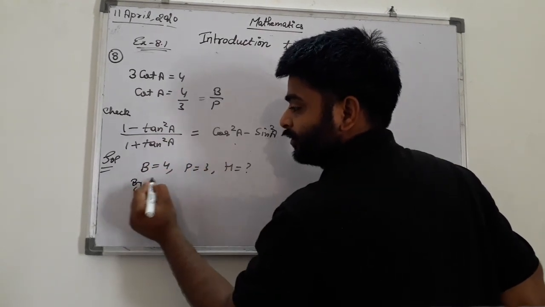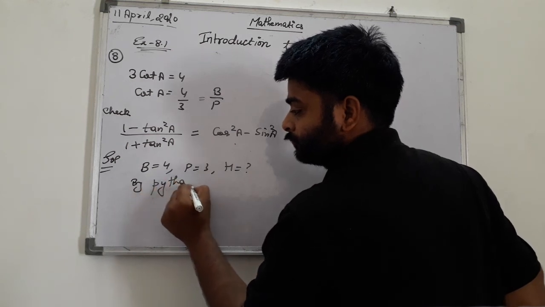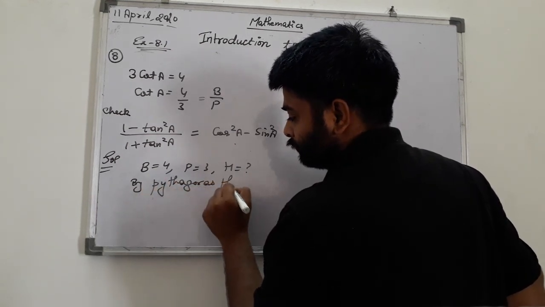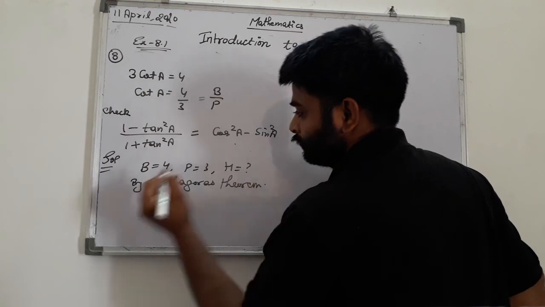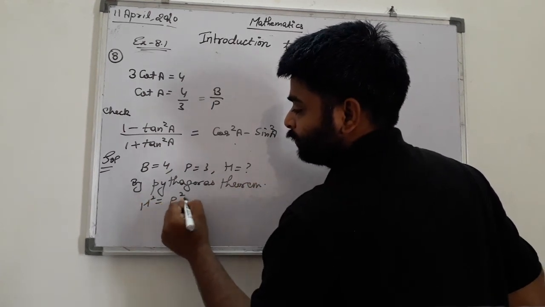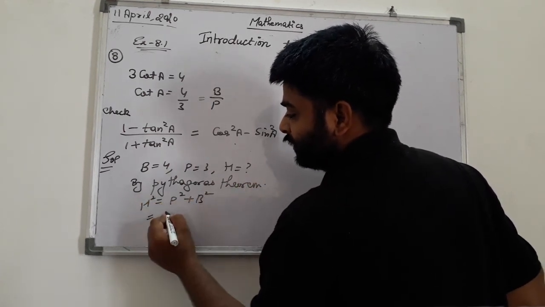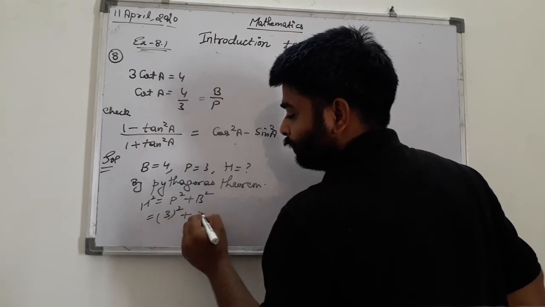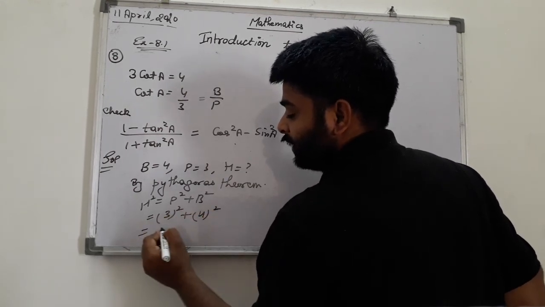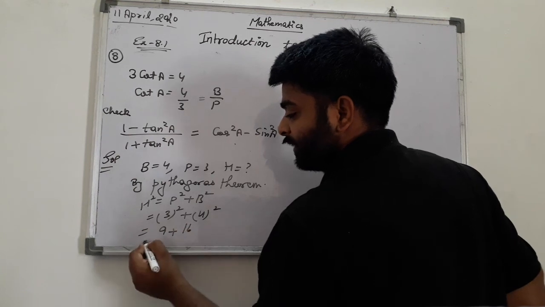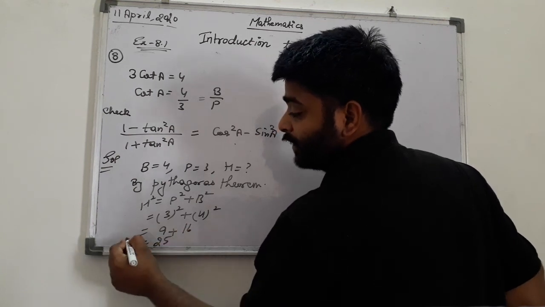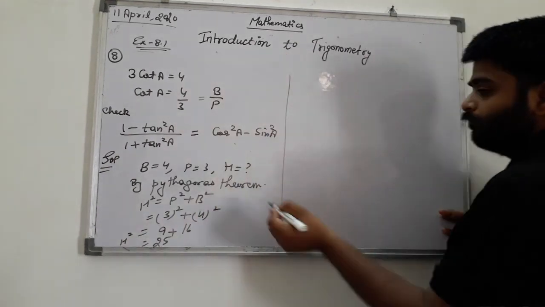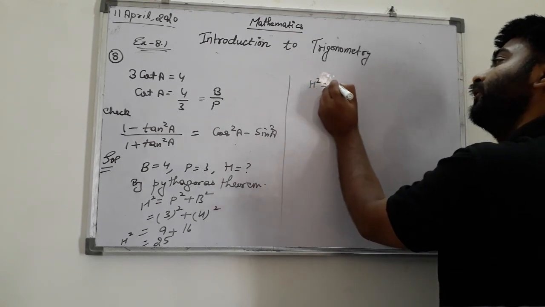So by Pythagoras theorem, h square equals to p square plus b square. What is p? 3 whole square. What is b? It's 4 whole square. It's 9 plus 16. What you are getting? 25, class. So h square equals to 25.